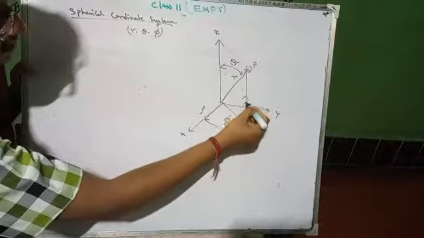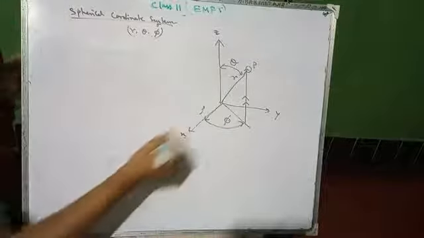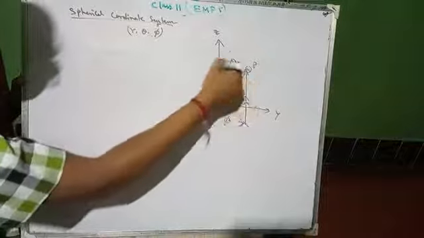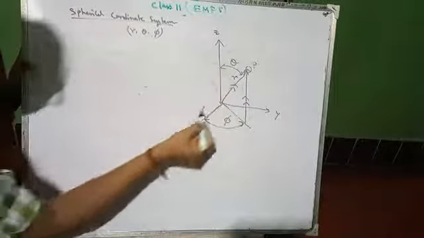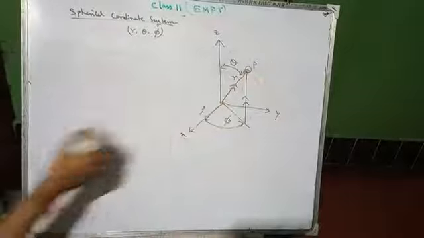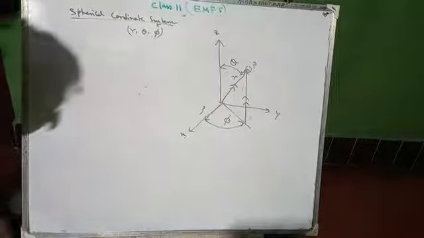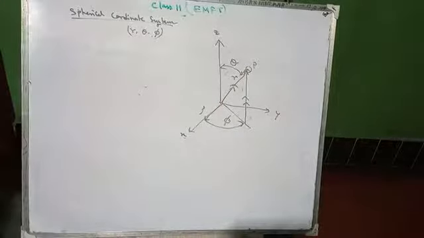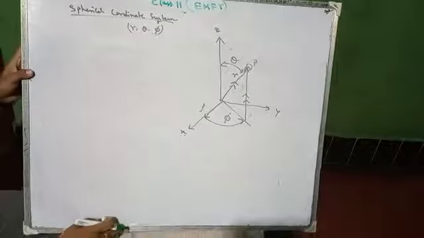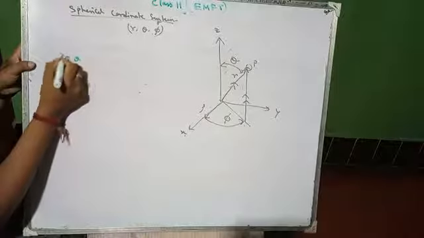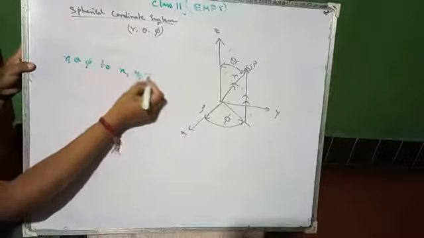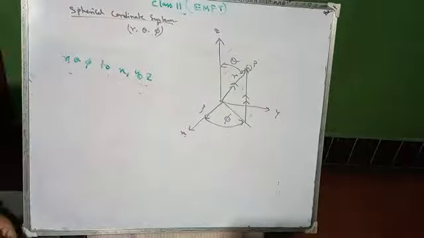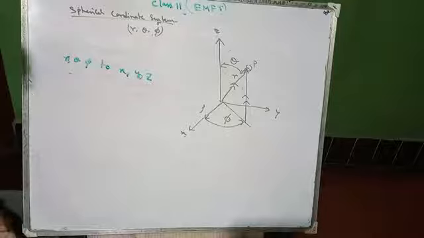So r, theta and phi, you have to find the point P. Here you have to find the relation between r, theta, phi and x, y, z.